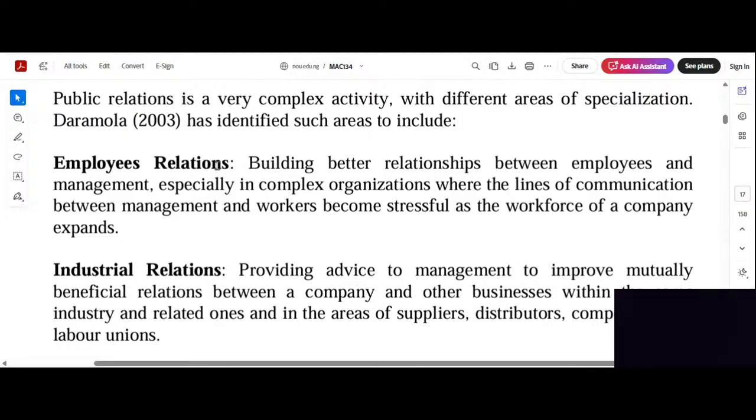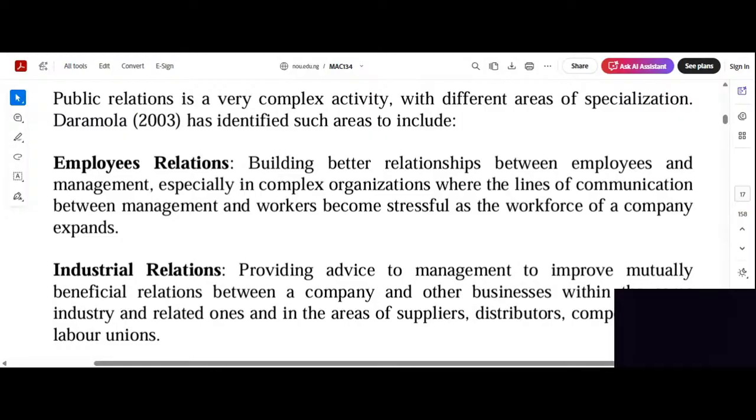Public relations covers employees relations. How? Building better relationships between employees and management, especially in complex organizations where the lines of communication between management and workers become stressful as the workforce of a company expands.